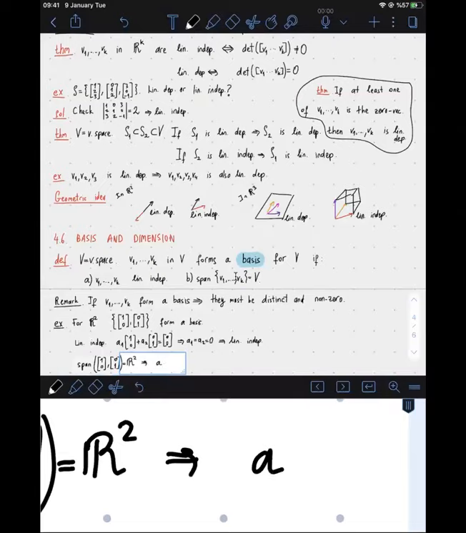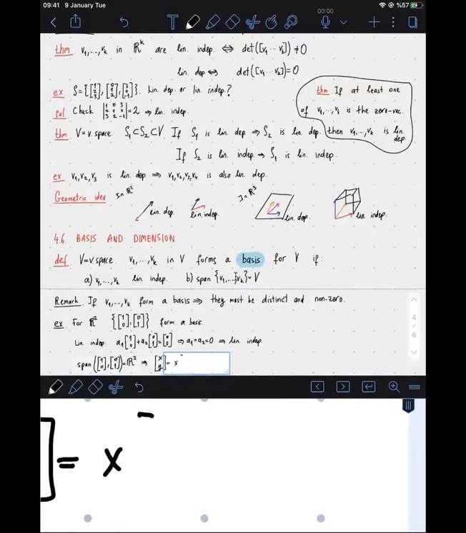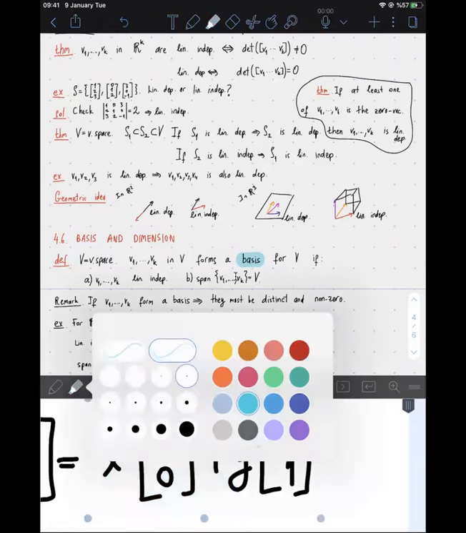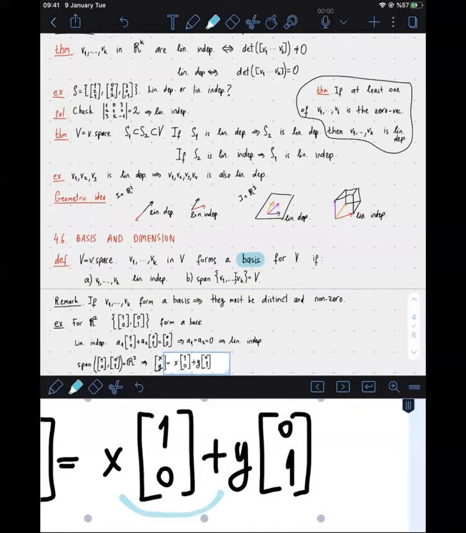If I get any vector (x, y) in R2, then I can take a linear combination of (1, 0) and (0, 1) which gives that vector. x times (1, 0), if I go x units in the (1, 0) direction and then y units in the (0, 1) direction, I get the vector (x, y). So any vector in R2 can be represented as a linear combination of (1, 0) and (0, 1). That shows that the span of these two vectors is R2.